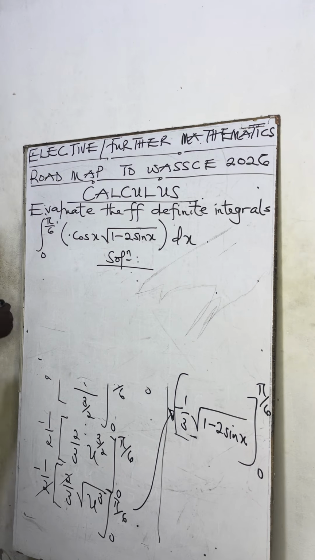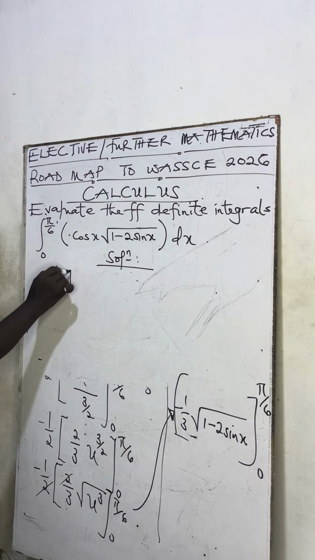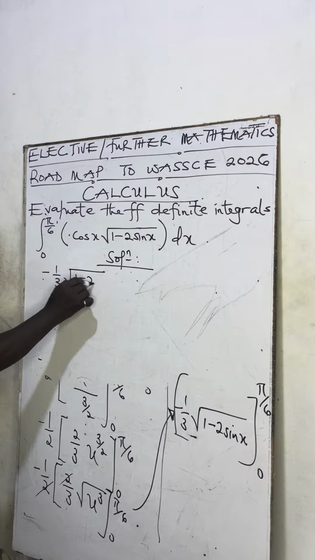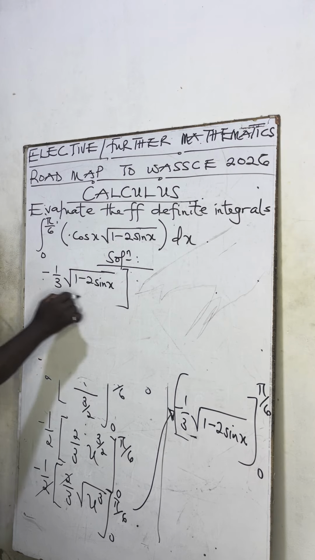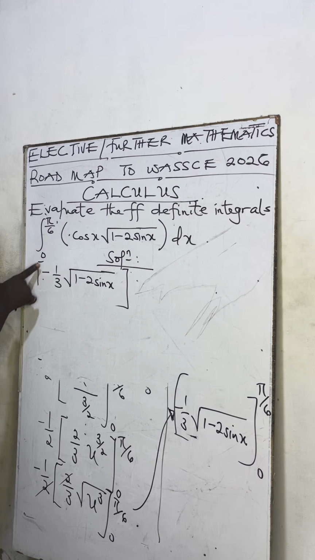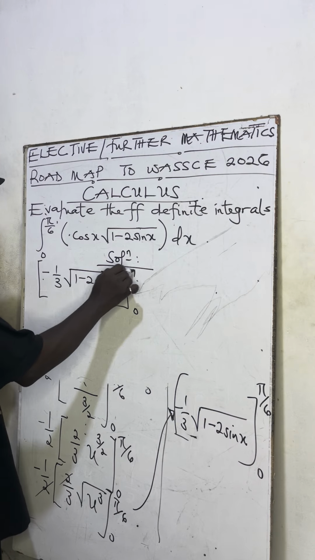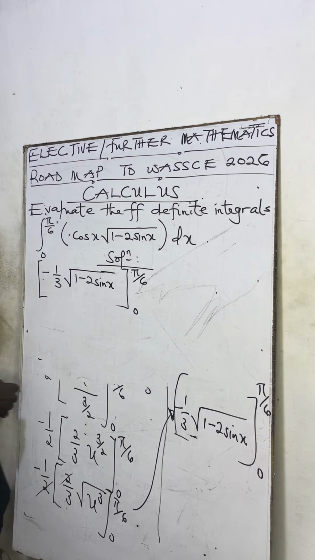So here we have negative 1 over 3 times the square root of 1 minus 2 sine x, then our limit is 0 to pi by 6.